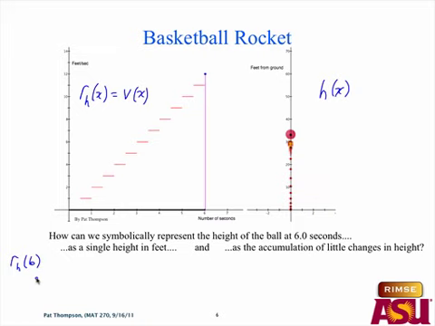Talia, I thought it was H. She wants H of 6. Daniel, in the back, which one? Or something else? I was trying to figure out the second one.